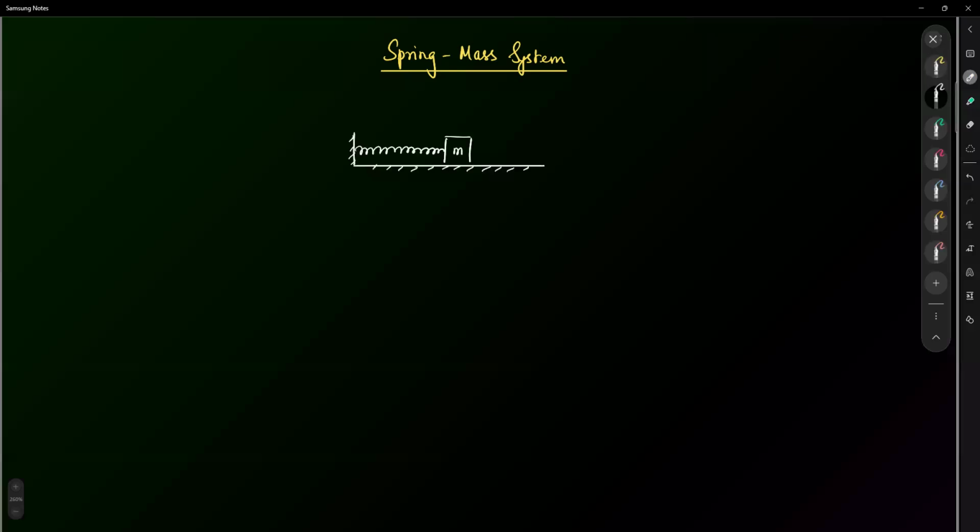Now, in this case, the stiffness of the spring is determined by a constant called K, which is called the spring constant.